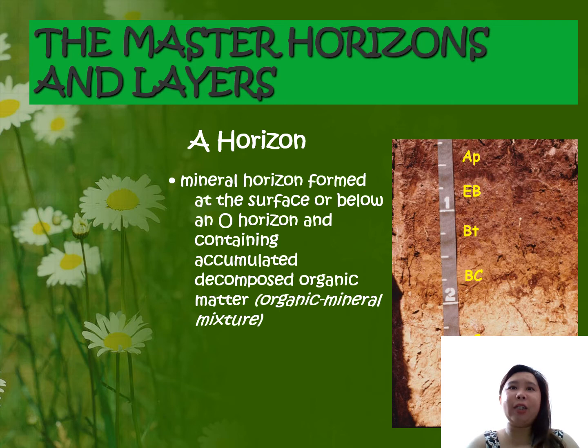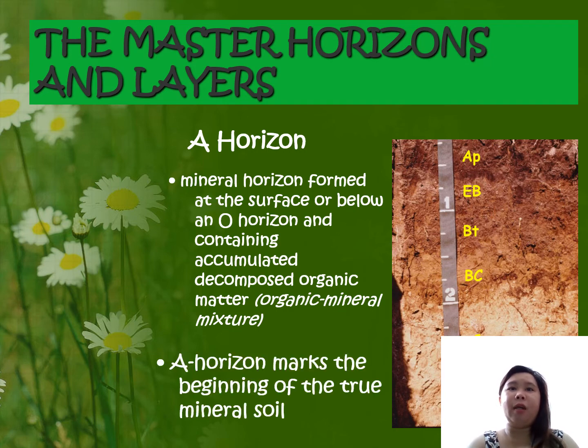So A horizon is a mineral horizon formed at the surface or below an O horizon and containing accumulated decomposed organic matter or organic-mineral mixture. And this horizon marks the beginning of the true mineral soil.